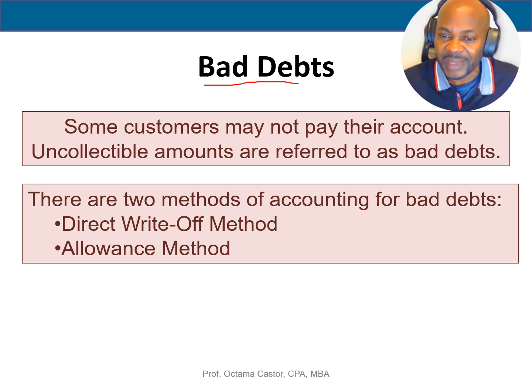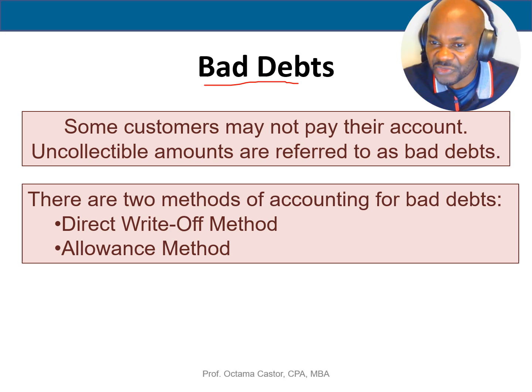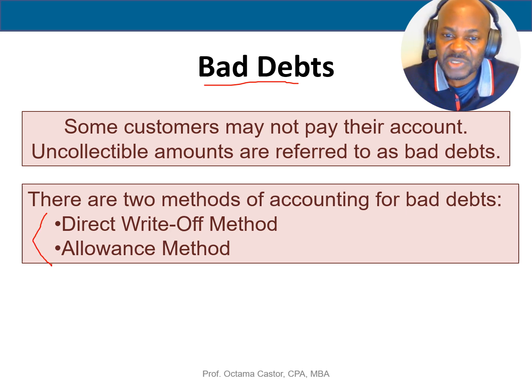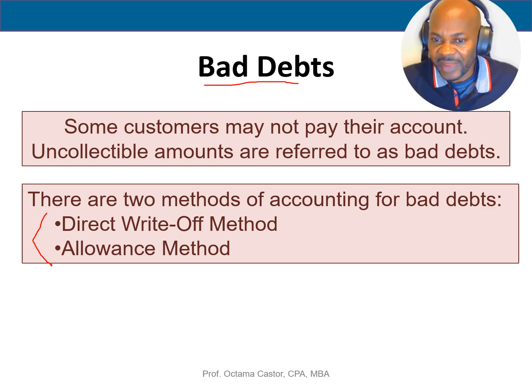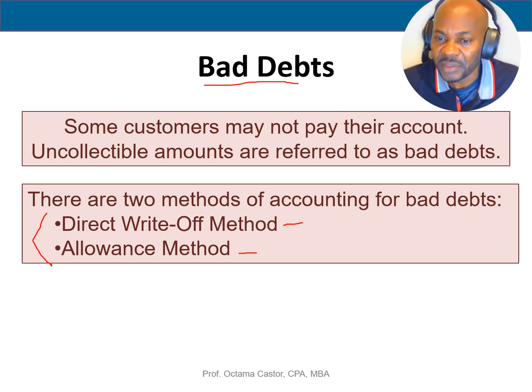Regardless, you're not collecting on the accounts receivable. What do you do at this point? You write off the accounts receivable. We will talk about two different methods of writing off an account receivable: the direct write-off method and the allowance method. Let's take a look at each of them, how they work in the next slide.